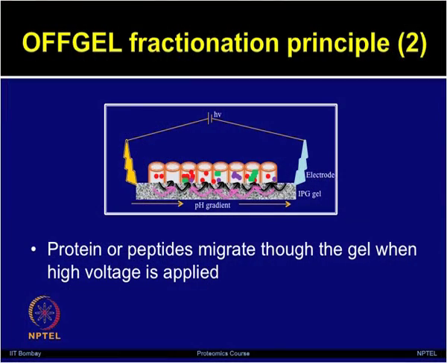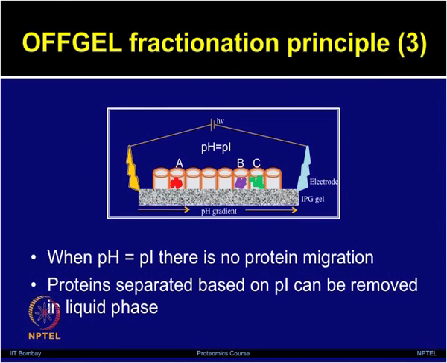Now, the proteins and peptides in the electric field will migrate because of the high voltage applied, and proteins will start moving based on their isoelectric point, and when they reach a place where the pH is equal to the isoelectric point, there will be no further protein migration.